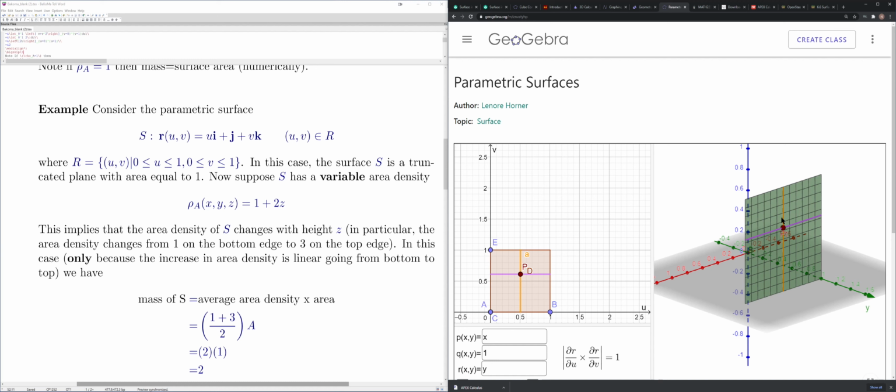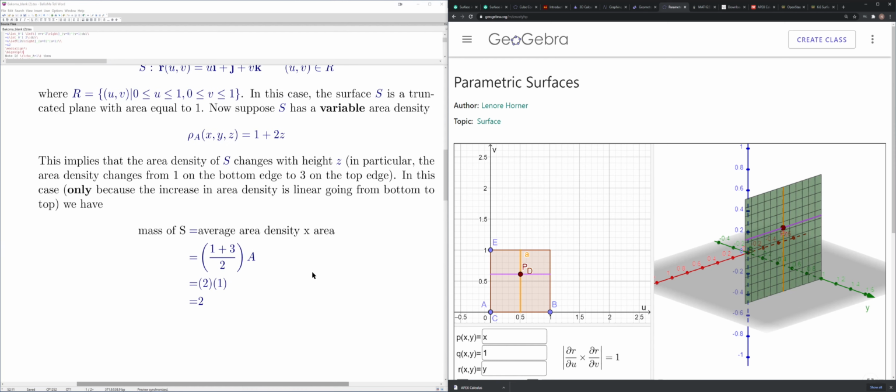So the mass of this thin metal plate is the average area density, 1 plus 3 divided by 2, which is 2, multiplied by the area. This is just a square with side length 1, so the area is 1. The mass is 2 times 1, which is 2.